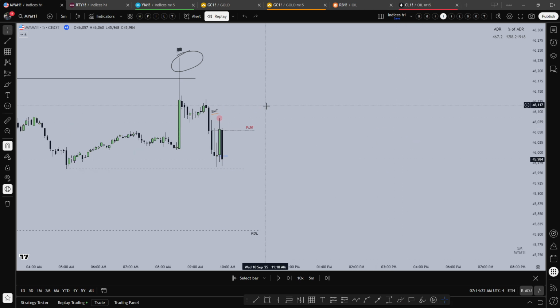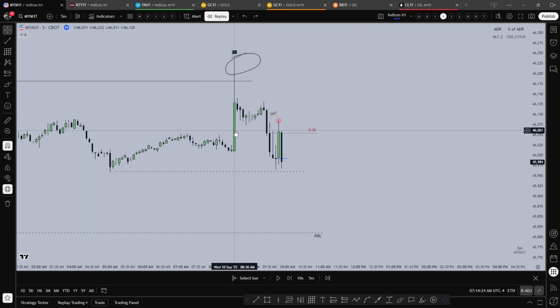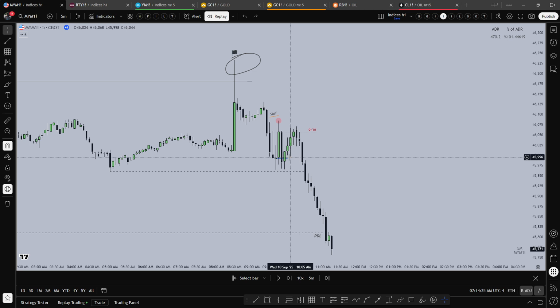So yes, this was my entry. 8:30 manipulation, 9:30 and 10 a.m. I would expect to displace away. This was the position. 10 a.m. is somewhere here.